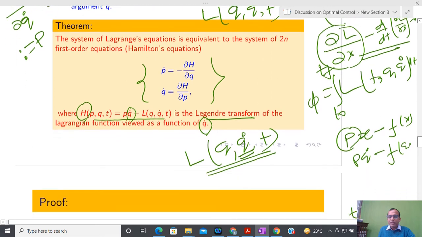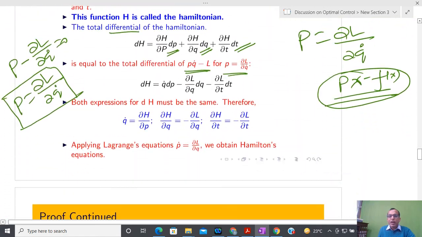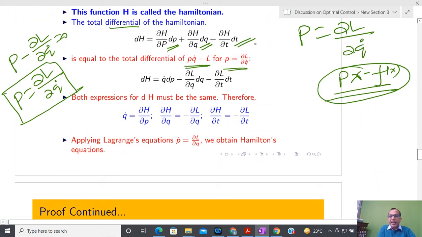Okay, so first I have calculated the variation dh for the original function, and after that I have again calculated the variation when I have expressed it like this.